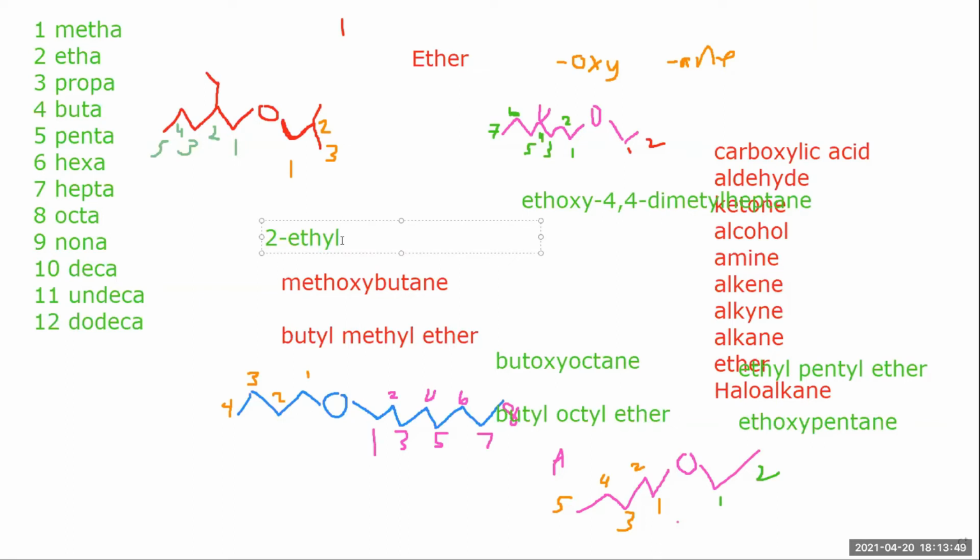Would you finish making that side? A five carbon chain is called penta. Penta. Okay.